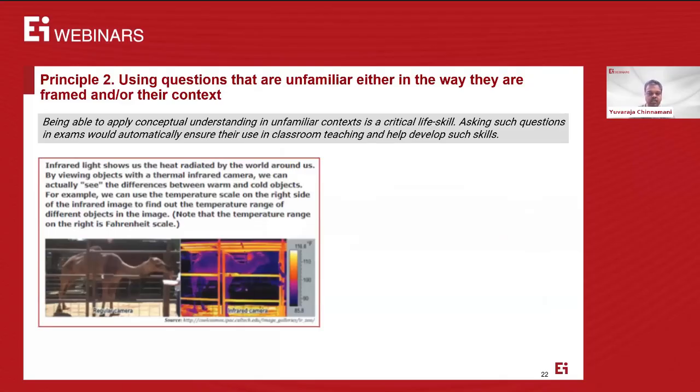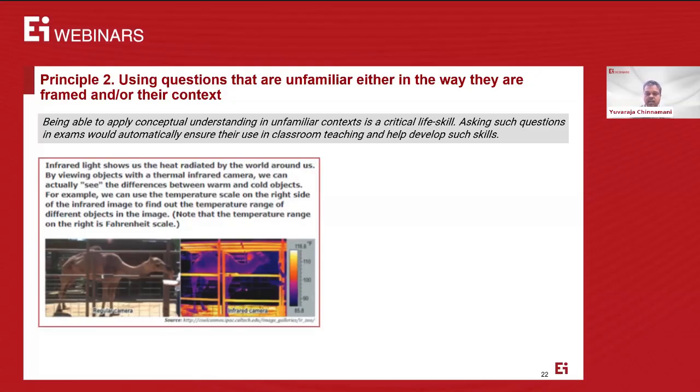This slide perfectly illustrates principle 2, using unfamiliar context to test understanding. Instead of asking students to simply state that friction generates heat, look at how this question presents the concept. On the left, we see thermal infrared images that show heat radiation.